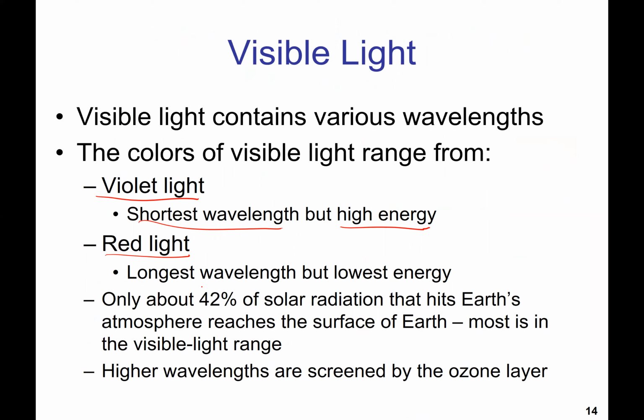Red, longest wavelength but the lowest energy. Only about 42% of solar radiation that hits Earth's atmosphere reaches the surface of the Earth, and most of it is in the visible light range. It's because we have the ozone layer and other things that protect the Earth from this solar radiation, okay, like the ozone layer.